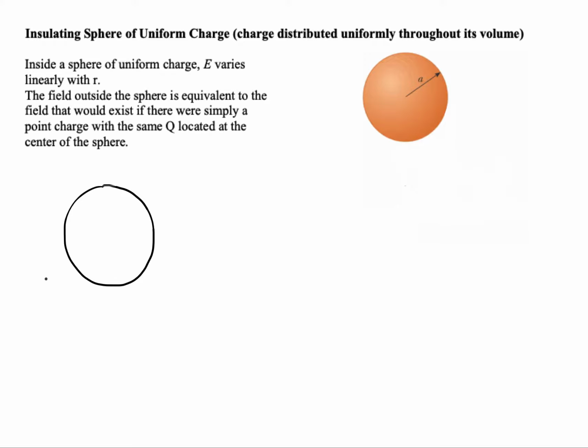Well, one possibility is that the charges reside on the surface of the sphere, but not on the inside of it. This would be a sphere of uniform surface charge.